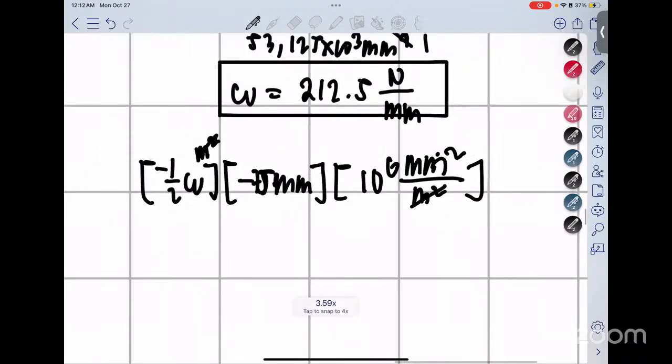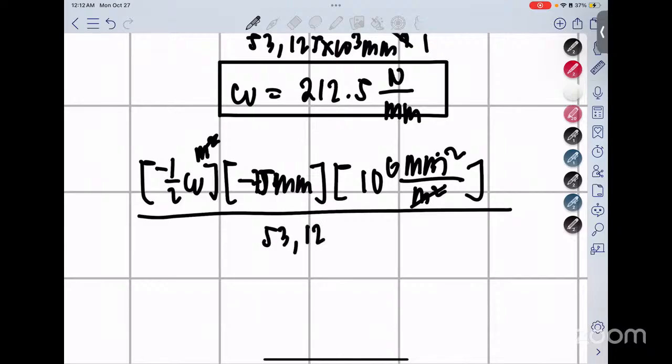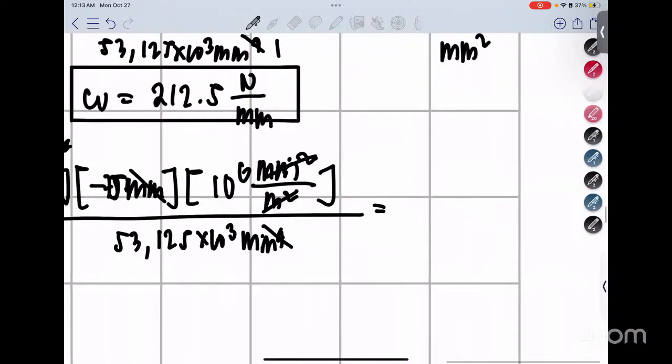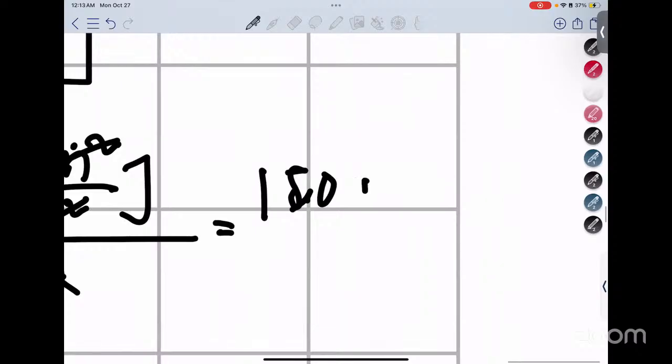So you'll have that, and then over the moment of inertia ulit, 53,125 times 10 to the 3 millimeters raised to 4. 1, 2, 3, 4. So magka-cancel yan lahat. This is equal to 150 Newton over millimeter squared.